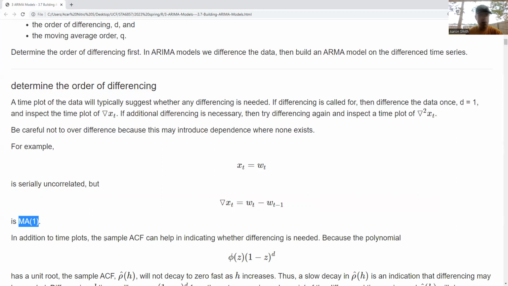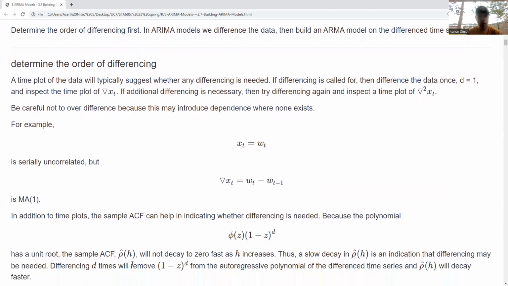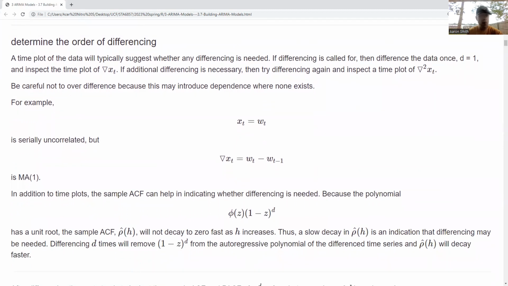We can also use the sample autocorrelation function to help us indicate whether differencing is needed, because this polynomial has a root of unity. The sample autocorrelation function will not decay to 0 as fast as h increases. Thus, a slow decaying autocorrelation function is an indication that differencing may be needed.